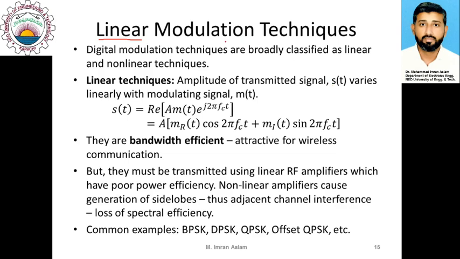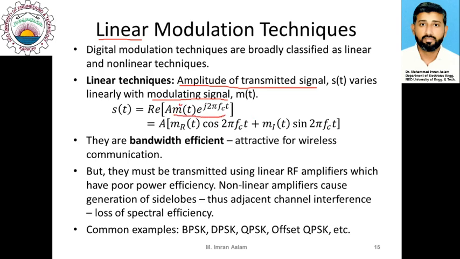For linear modulation techniques, the amplitude of the transmitted signal varies linearly with the modulating signal. So amplitude is linearly related to the modulating signal. We represent that with this expression here.